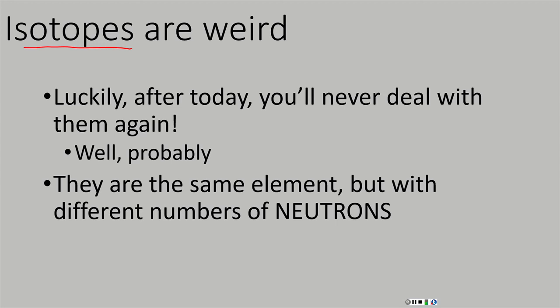So what are they? They are the same element, but with different numbers of neutrons. So hydrogen with one neutron, or hydrogen with 2 neutrons, or hydrogen with 0 neutrons. They're all hydrogen, they just have different numbers of neutrons.